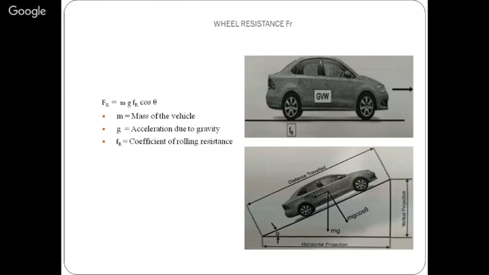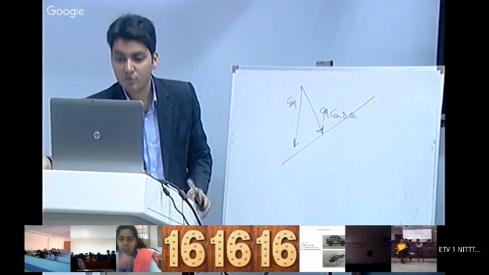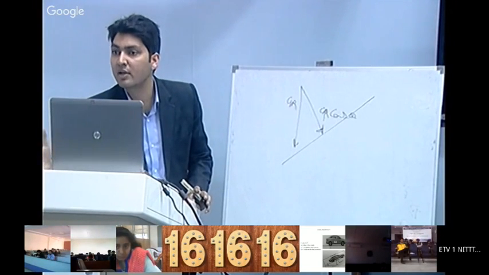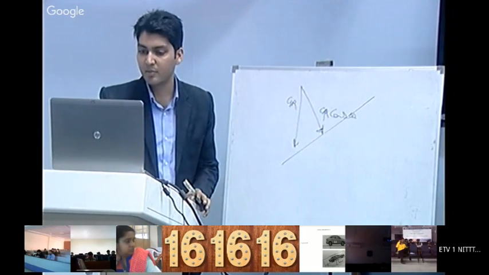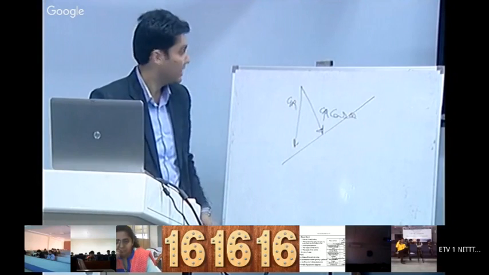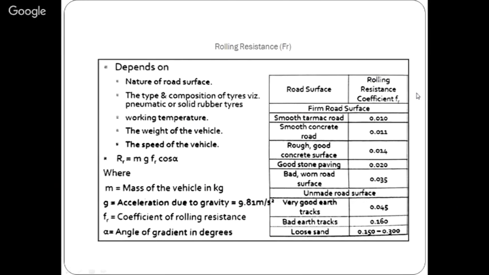Our power requirements will be different. If we are going to accelerate a particular vehicle on a good concrete surface, then our power requirements will also differ. Clear? So for that, we have the coefficient of rolling resistance, which I explained in the previous slide. These are the values of the coefficient of resistance for different tracks. Clear? Now everything is clear?